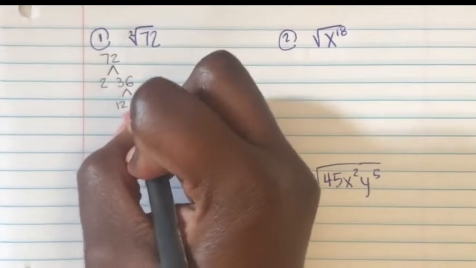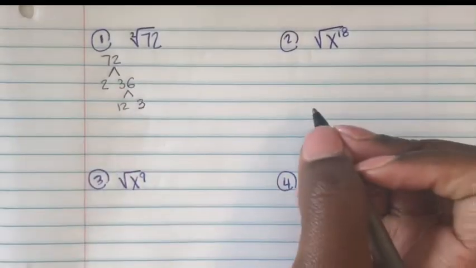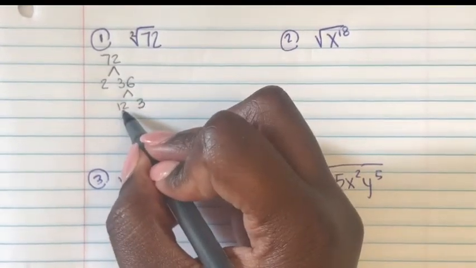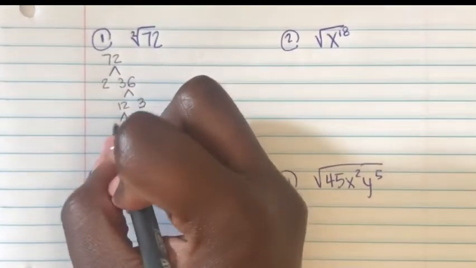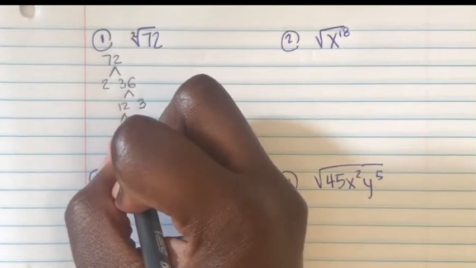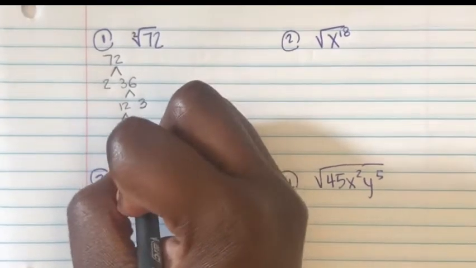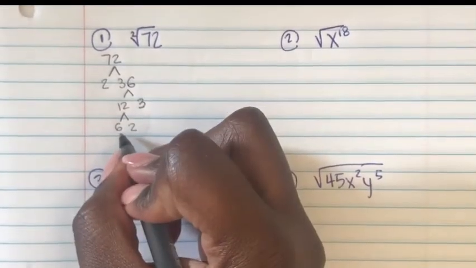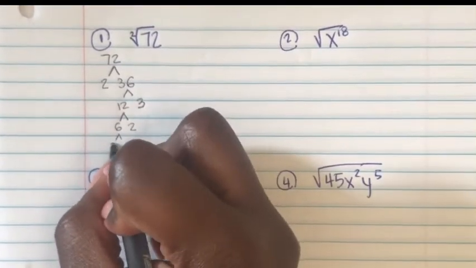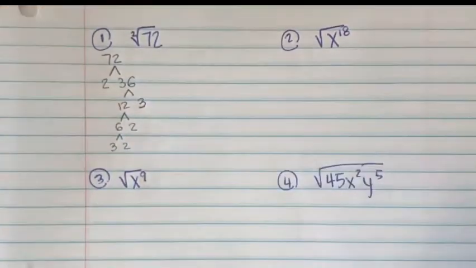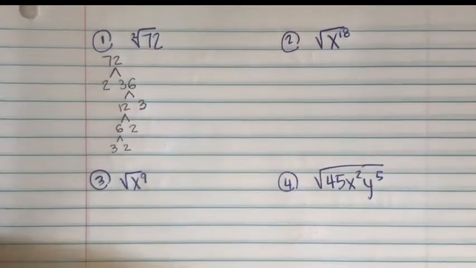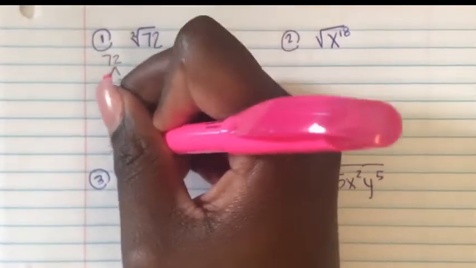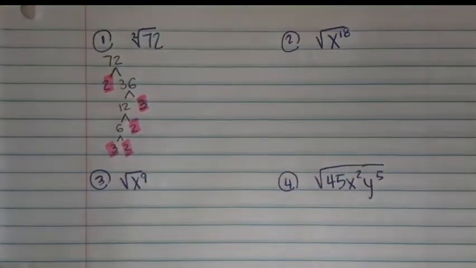That's 12 times 3. 3 is a prime factor, so I'm going to keep going with the number 12 now. That could be 6 times 2. 2 is a prime factor, so I'm going to keep going with the number 6 now. That's 3 times 2. And now I've got all of my prime factors. Basically, the prime factors are all of the numbers that did not branch off any further.